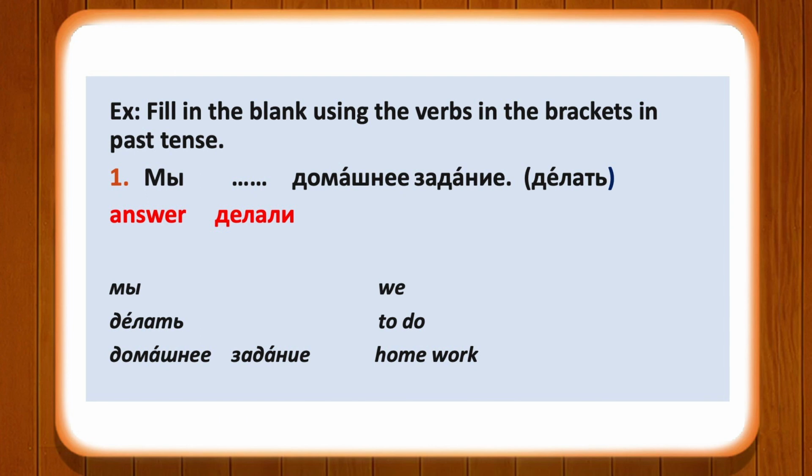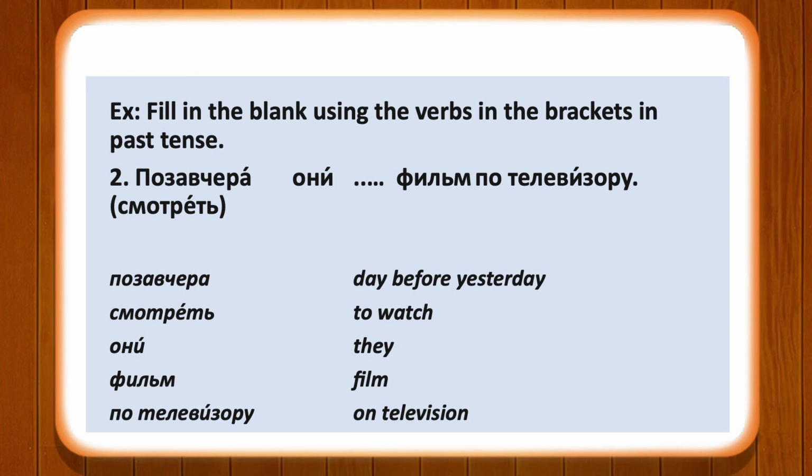The past tense form will be according to the subject pronoun мы, which will be мы делали. Мы делали домашнее задание. Домашнее задание means homework. So we did the homework. The second sentence is позавчера они фильм по телевизору.